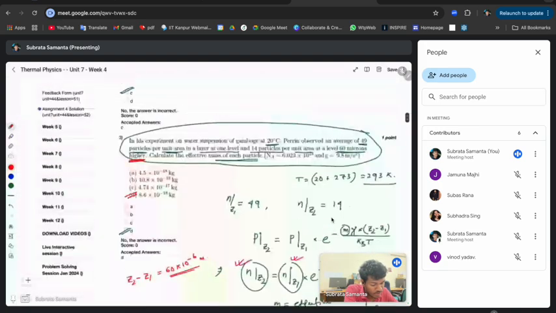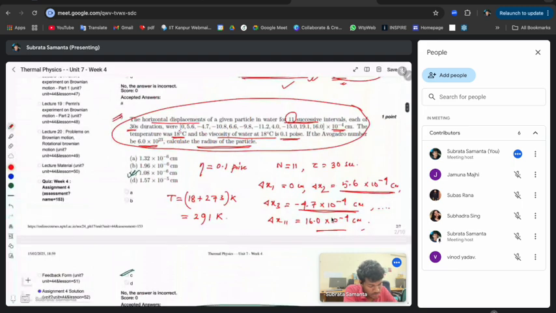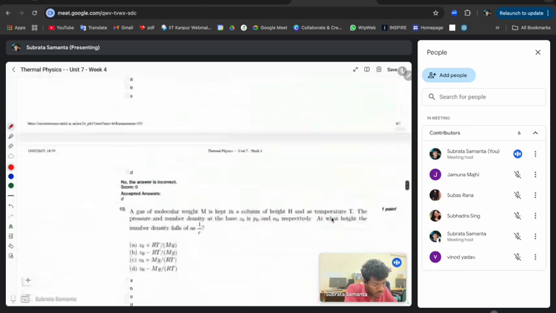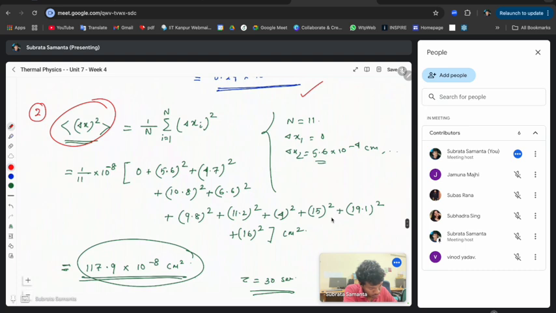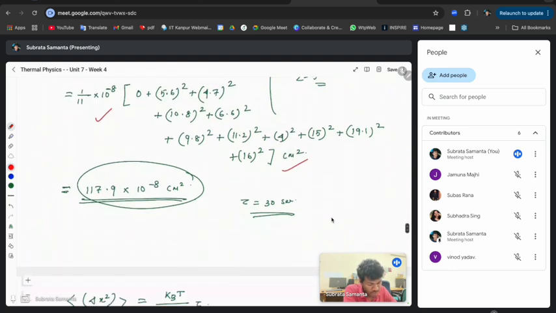So we already calculated the delta x square in this case. You already know the value of this delta x square average, so you just copy from this. The delta x square average we already calculated is 117.9 times 10 to the power minus 8 meter square.